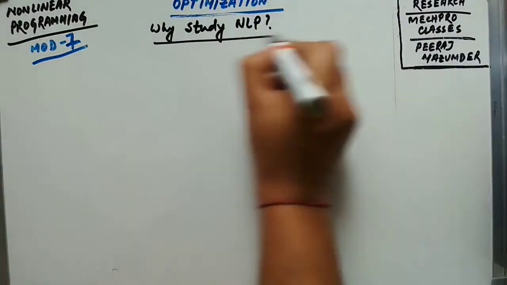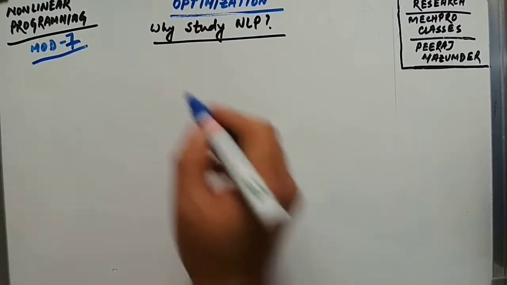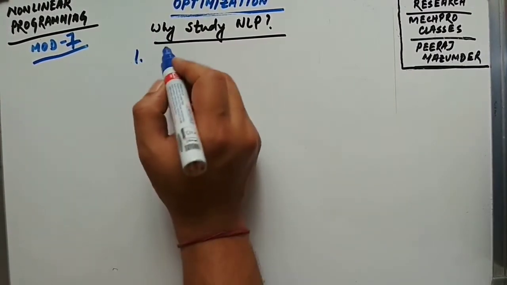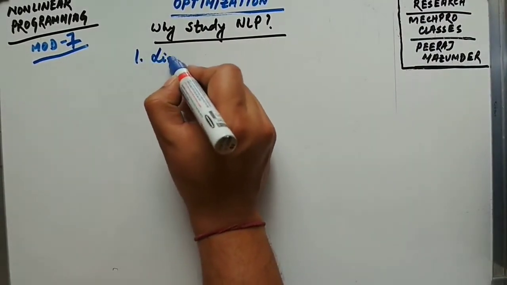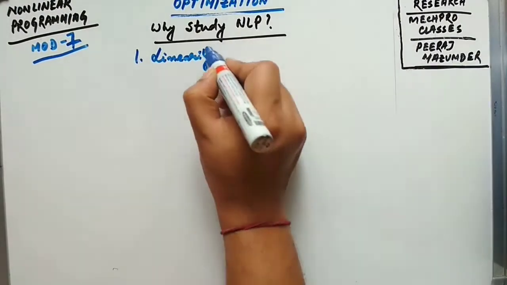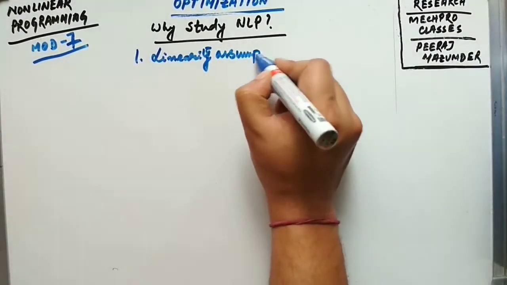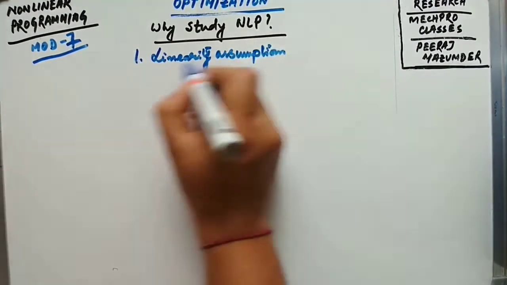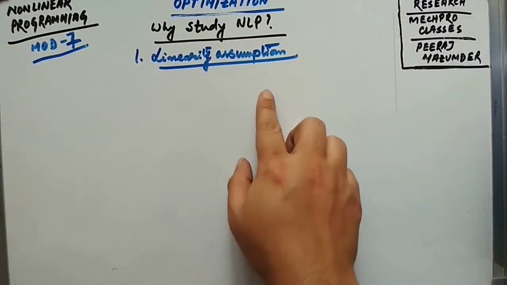Why should we study it? What are the reasons behind this NLP? First, I can chalk out some important criteria. There are many reasons, but I can write you some basic ones. Say the linearity assumption. What does this mean actually, linearity assumptions?